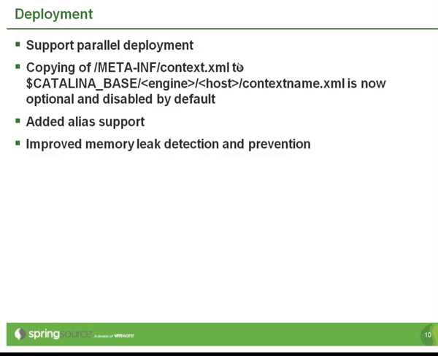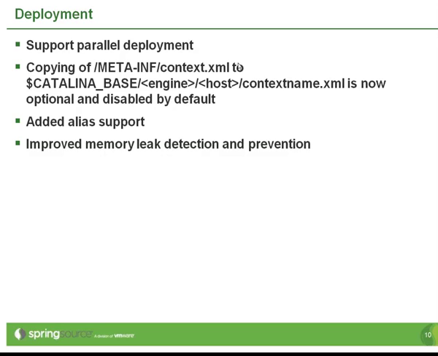Moving on to deployment then, probably the biggest change is the support for parallel deployment. That's the ability to have multiple versions of the same web application deployed in parallel. New requests will always go to the latest version of the application, but a request that started off using, say, version 1 will continue using version 1 of the application even if version 2, 3, 4 or whatever is deployed alongside it.